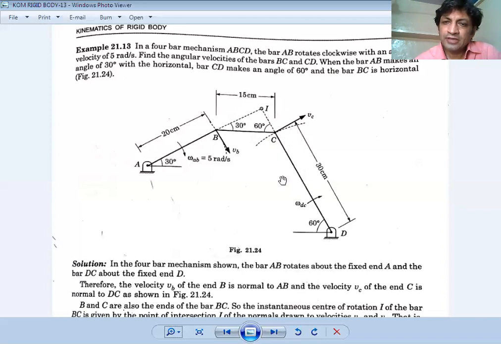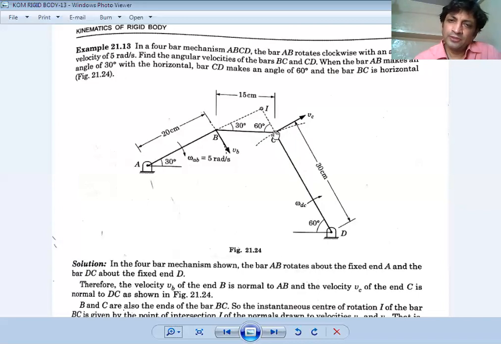CD is also describing a circular motion. Here again you see the dotted circle, and VC is tangent to this circular path, with CD as the radius for VC. However, C is also common to rod BC.